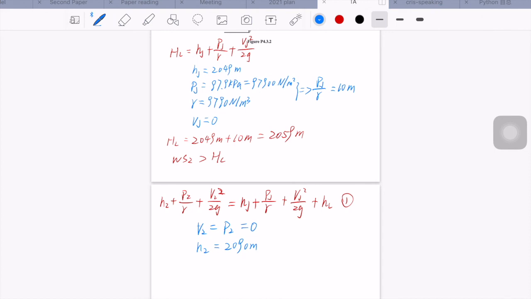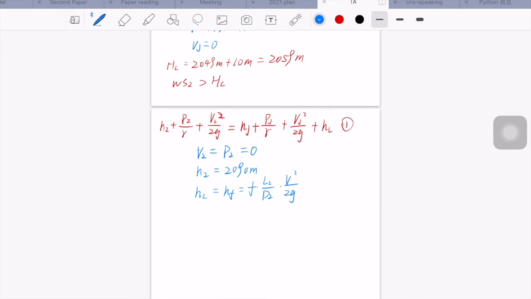Since the minor losses can be neglected in this three-reservoir problem, the total head loss just equals the friction loss, which equals f times L divided by D times V squared, the velocity in the pipe, divided by 2g. From the problem, we know L2 equals 1200 meter, D2 equals 0.4 meter, and e equals 0.6 millimeter.